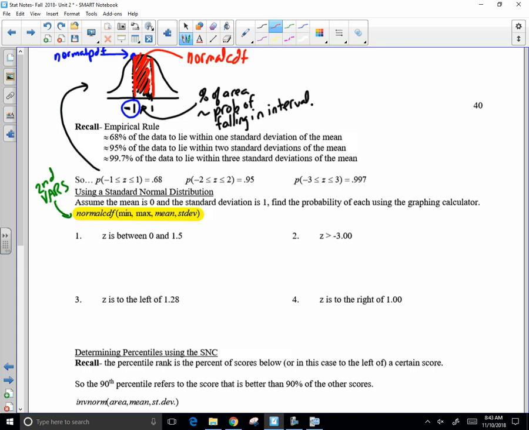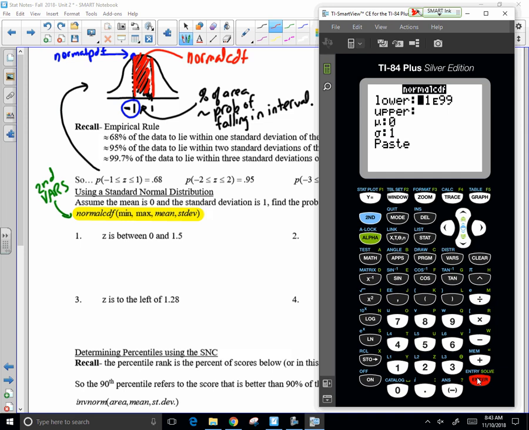So, normal CDF. It asked me for a lower bound. Well, I'm going from -1 to my upper bound of +1. Then 0 and 1 for your mean and standard deviation, unless they tell you otherwise. Right?